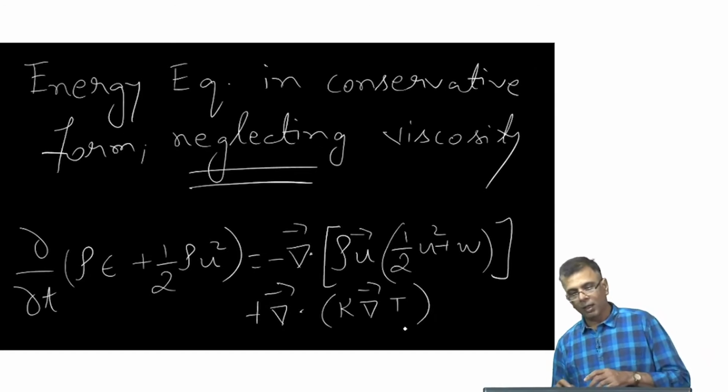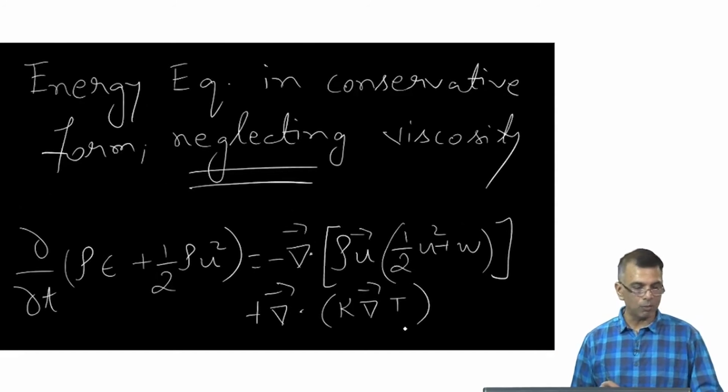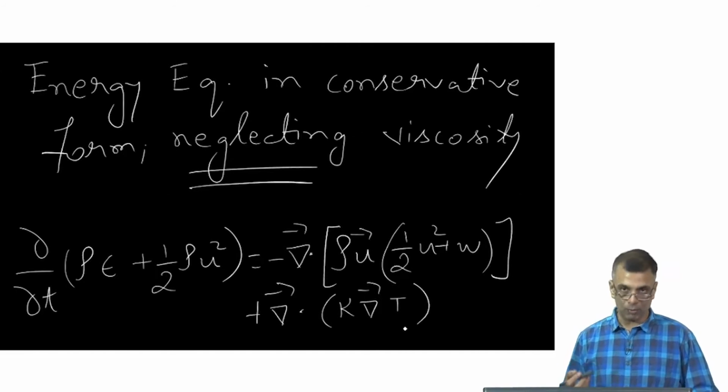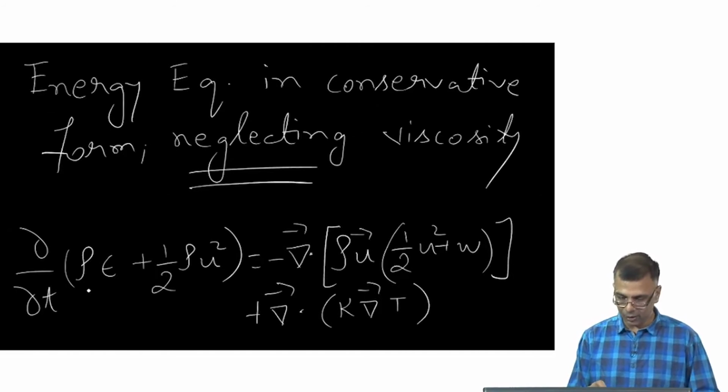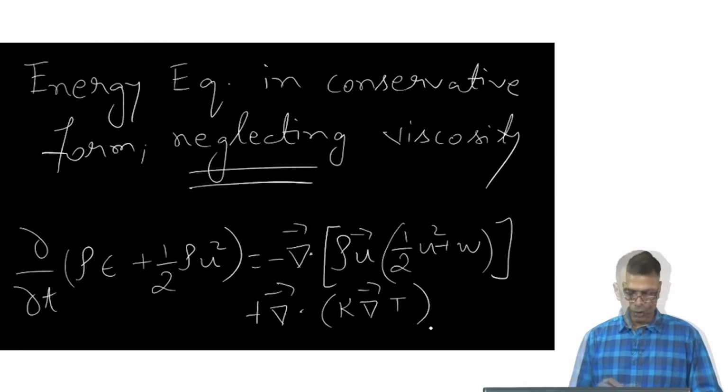Okay, this is the energy equation in conservative form. So clearly, what I'm implying by this is that this is the energy density, and because I've got a u here, this is the flux of the energy density, and this is another thing that we will come to in a second.